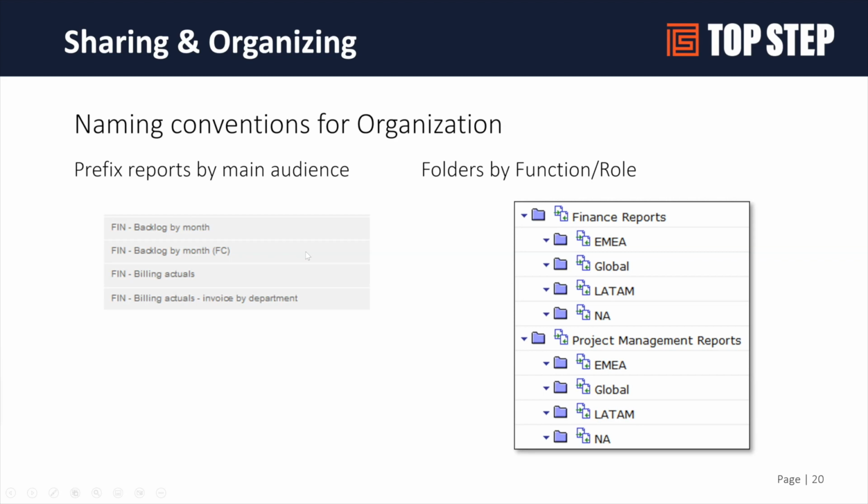Also, if people are taking those standard reports and they're saving them as their own, we also recommend maybe putting people's initials so that as I'm running a list of all reports, I can see which reports are standard reports versus which reports have been modified.